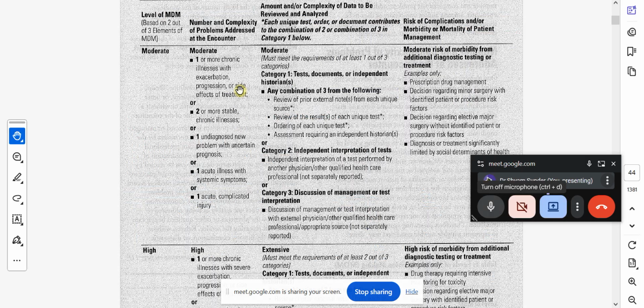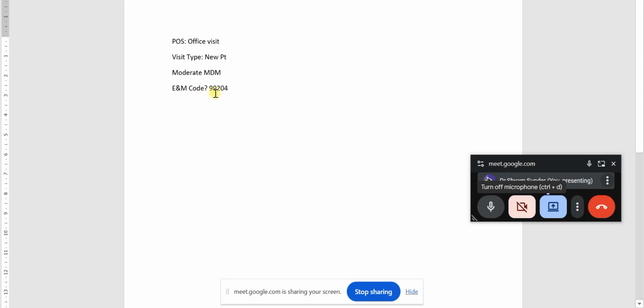Yes, please, I think you have a question. Sir, can you please explain once more about negotiable and non-negotiable? Non-negotiable means totally wrong. Because this patient is a new patient, if you assign 99214, which is also moderate MDM, it is totally wrong because the category itself is wrong.